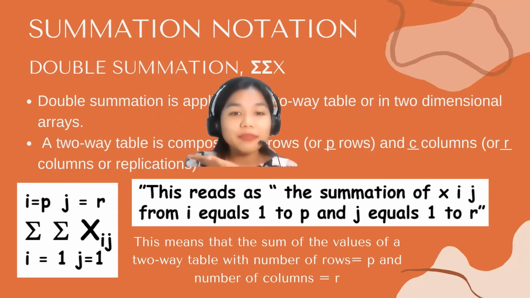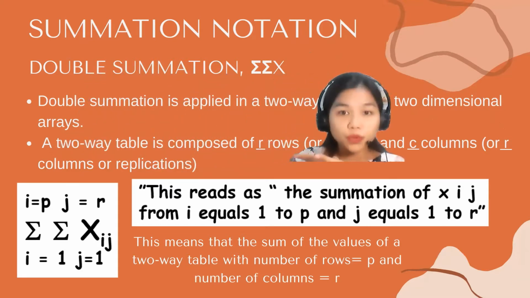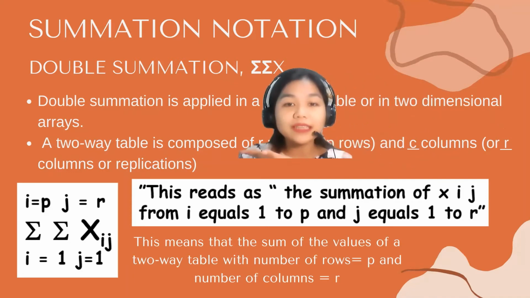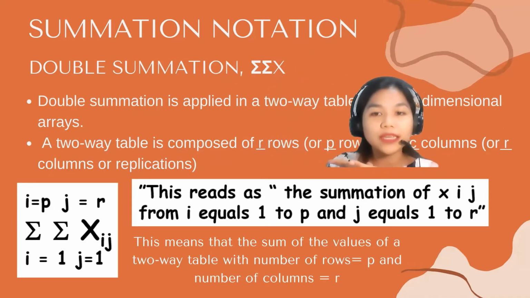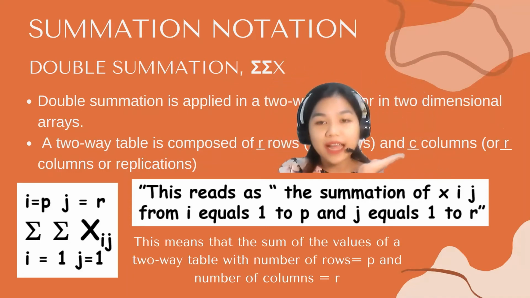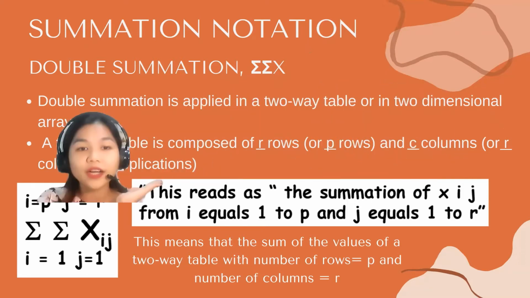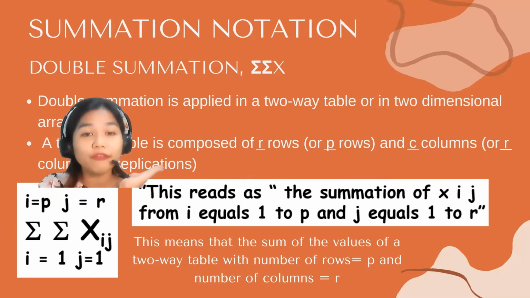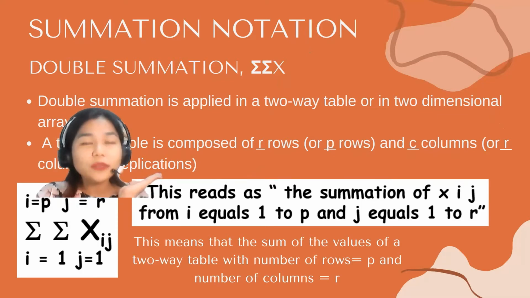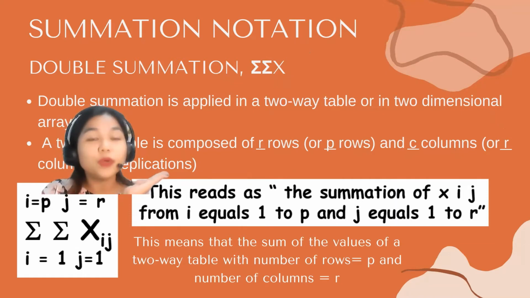A two-way table is composed of R rows, or usually we designate these as P rows. And then this is also composed of the columns, which we refer to as R, the replications. So ito po yung dapat nating pakatandaan. R rows or P rows.